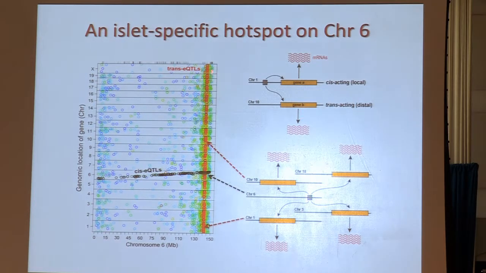And then when we see this kind of behavior of lots and lots of genes mapping to a locus, we think of this as a master regulator. So you can imagine a transcription factor, for example, at the end of chromosome 6 that targets the expression of all of these genes. Well, their messenger RNA molecules would map to that which is controlling it. And we model the system in that manner.